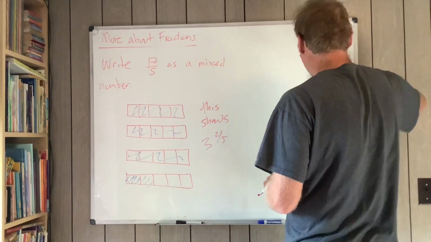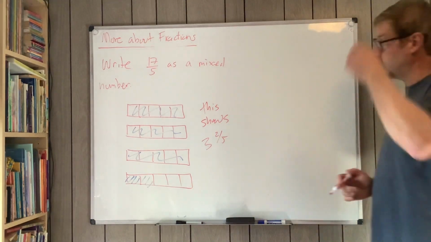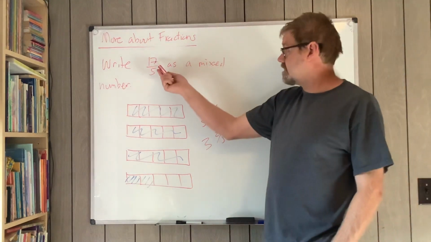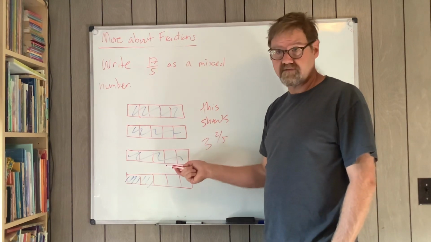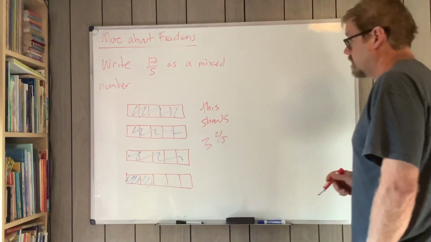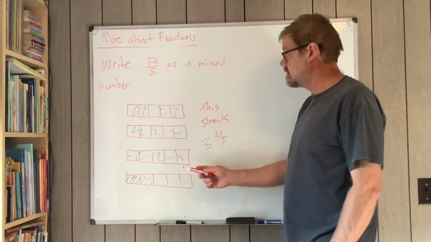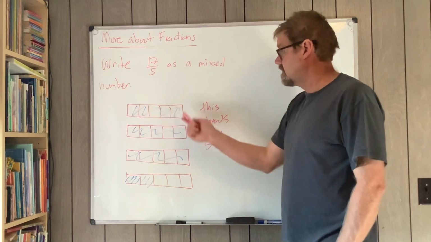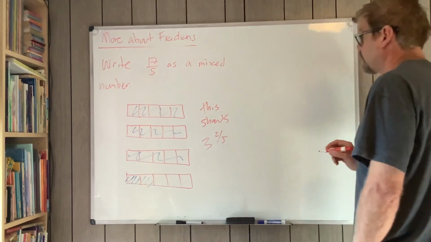Now, this also kind of shows a different way of thinking about it. Okay, what I am doing here is I'm taking 17 and grouping it into size 5, right? So this is really just a division problem, and I'm thinking about 5 as how large they are. So this is a measurement division problem.